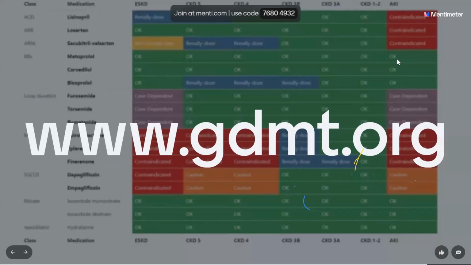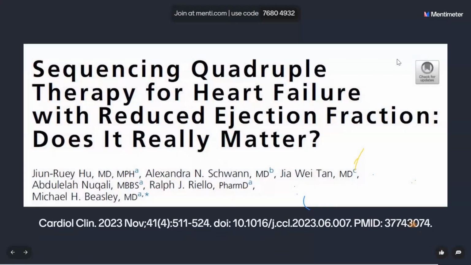I'd like to plug that website for him. It's a fantastic tool. Also, Ralph Riello, who you met at our last lecture, and some of our trainees here at Yale recently published a paper about sequencing these drugs in HFrEF, in Cardiology Clinics. I encourage you to check that out.